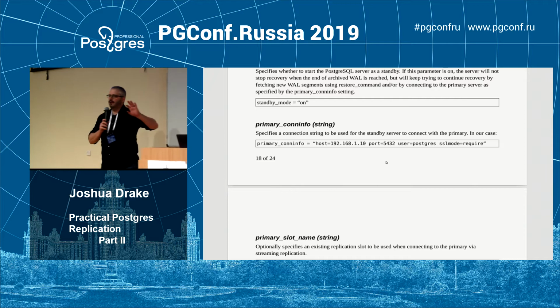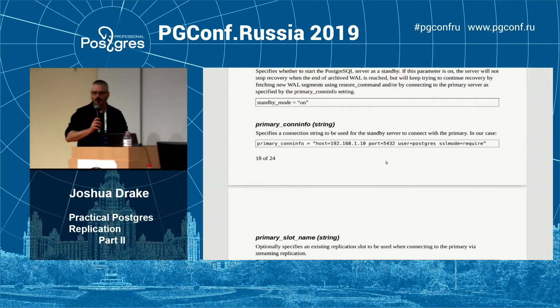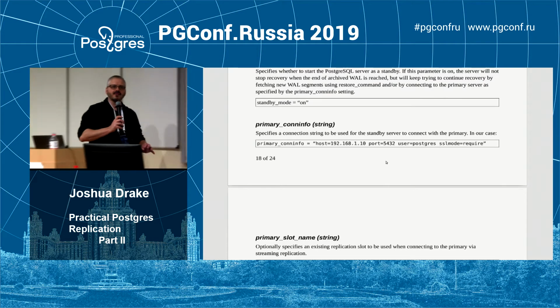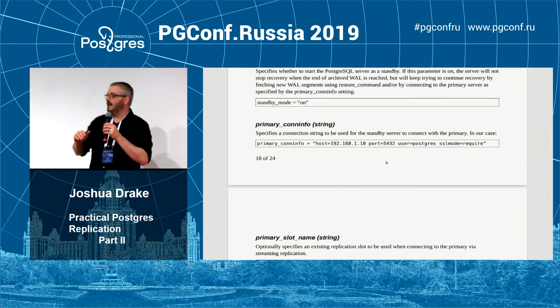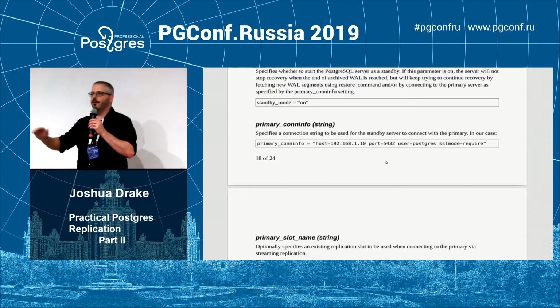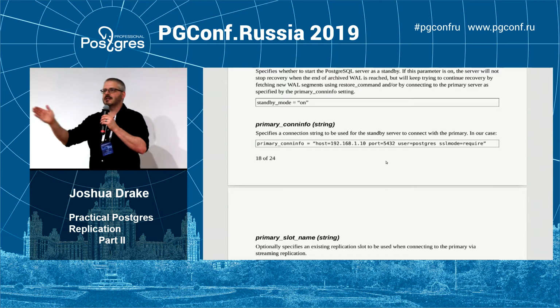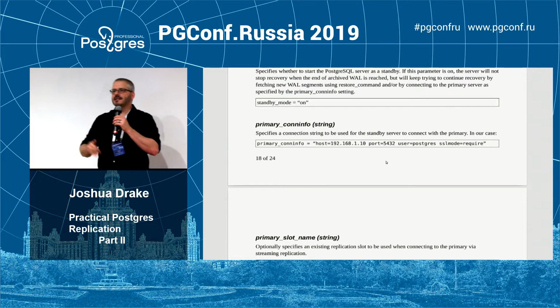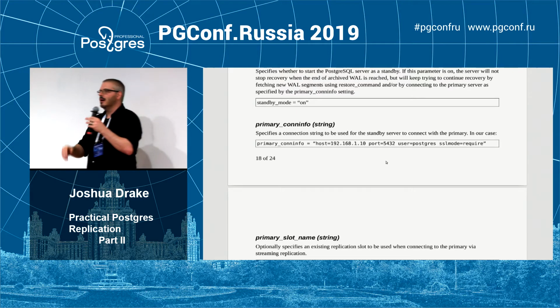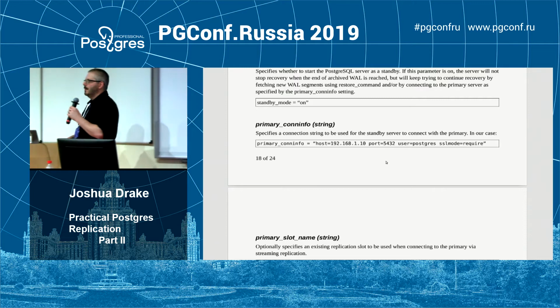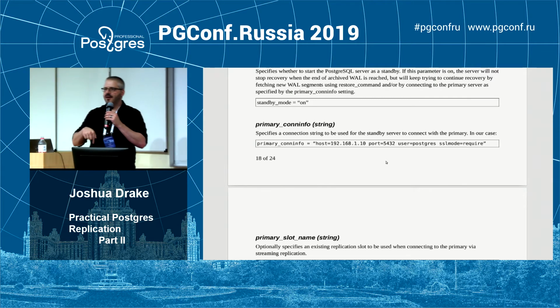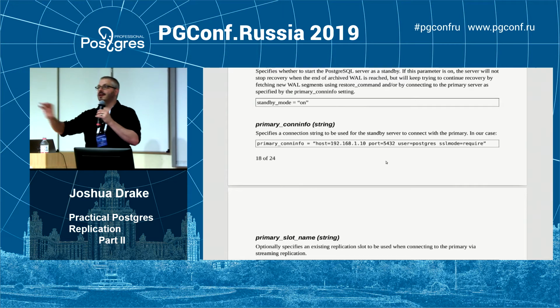You can use what's called the .pgpass file. And the .pgpass file is particularly useful because it's basically the connection info for every single server you're allowed to connect to. So if I said, I'm just abbreviating here, psql .10, it would go to the .pgpass file first and get all the information it needs to connect to .10.